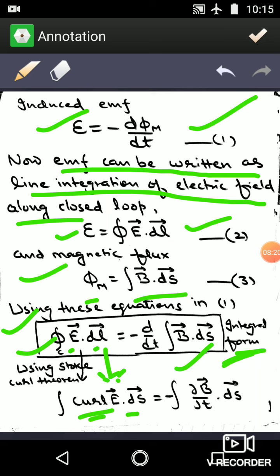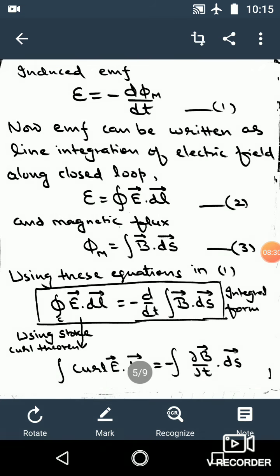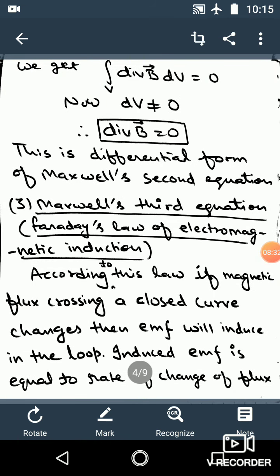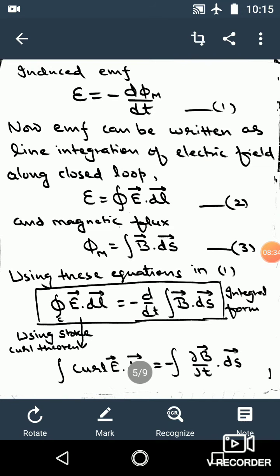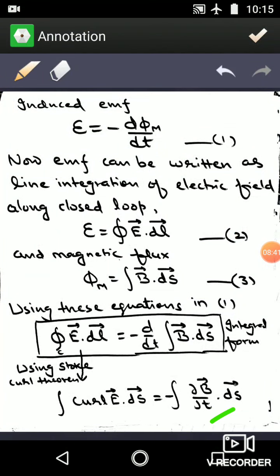In this way I have converted line integration into surface integration. If this quantity is transferred to the left hand side, what do we get? Let us move on to the next page again.